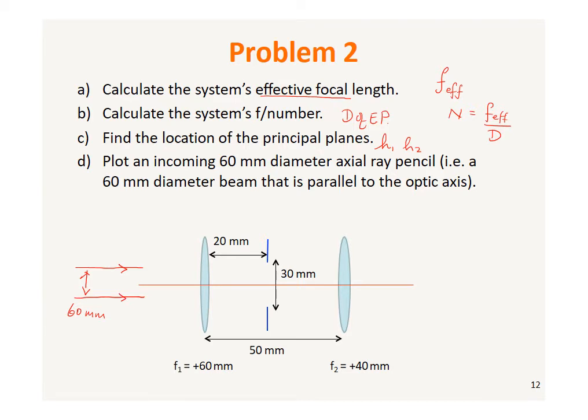What happens when it hits H1? What happens when it hits H2? And where is it focused? And most importantly, are any rays excluded from the optical system?